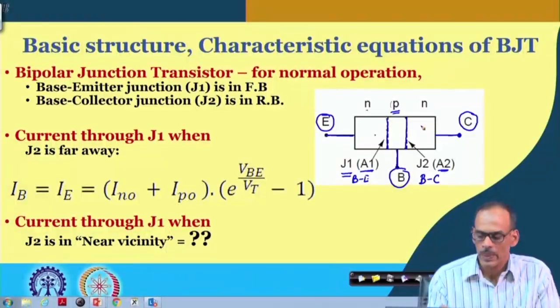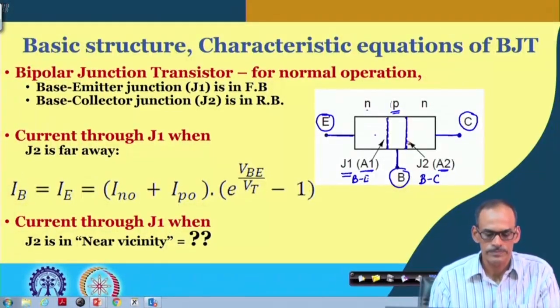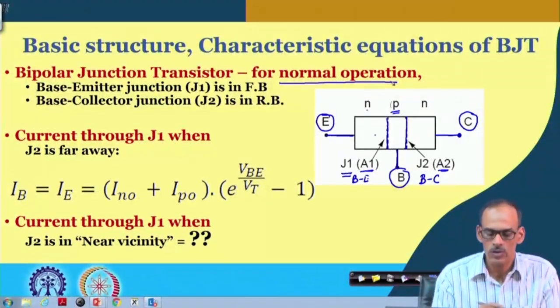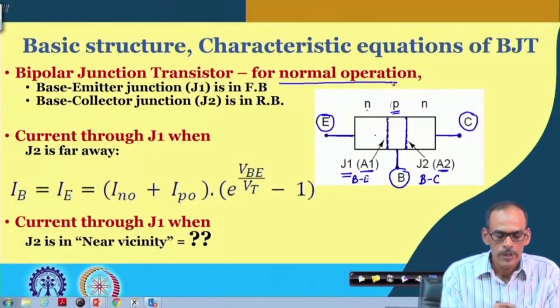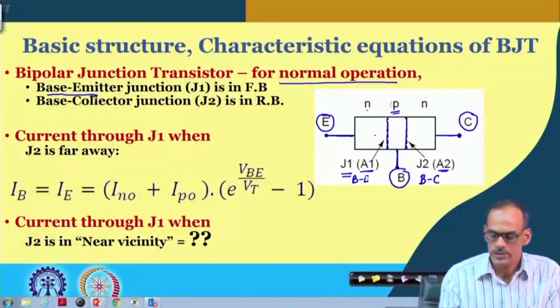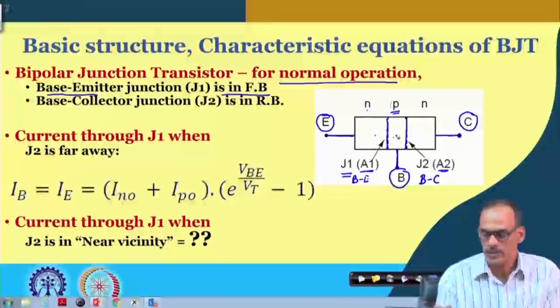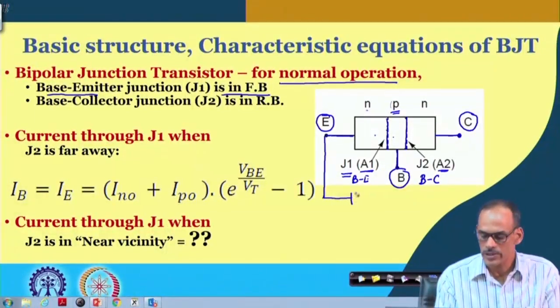Let us see what conditions we deploy, particularly what bias condition for junction 1 and junction 2, and under that what the terminal currents are. In normal circumstances, particularly for analog operation, unless otherwise stated, the base emitter junction, junction 1, is forward biased, which means the P region has a positive voltage with respect to the emitter N region.